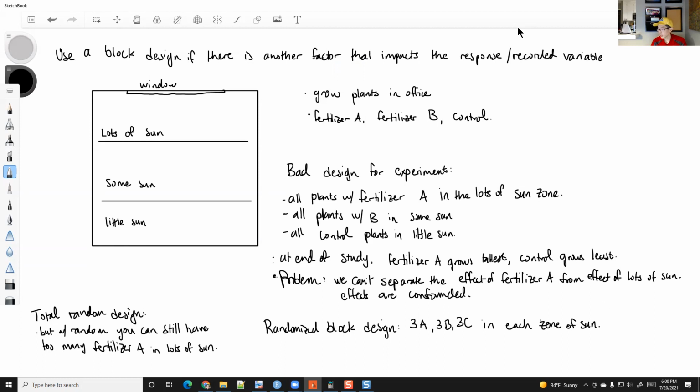Then at the end of the study, if you see consistently in all three zones that fertilizer A plants grew the most and the control plants grew the least, we can conclude that fertilizer A has the effect of causing the plants to grow the most. But you need to design your experiment in such a way to get these results.